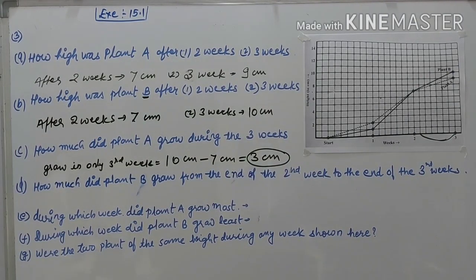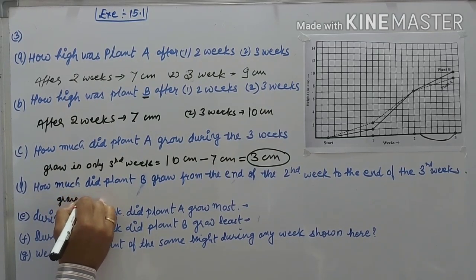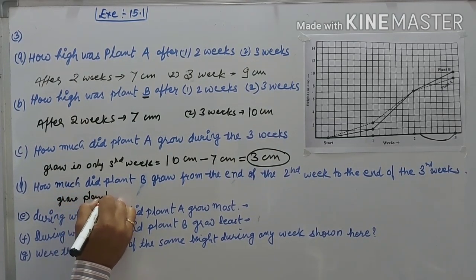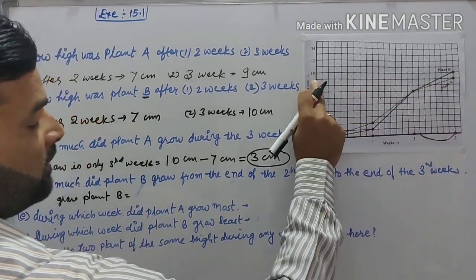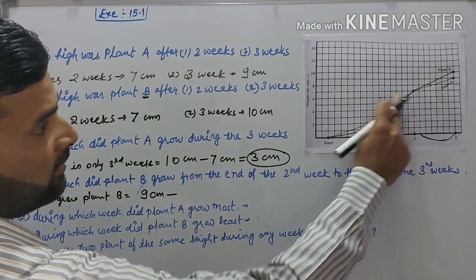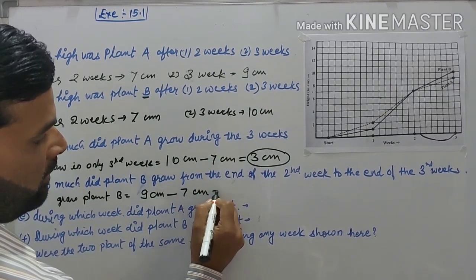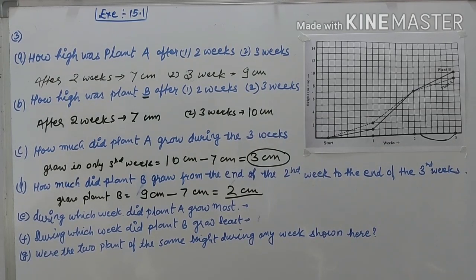So the answer is between the second week and the third week, the height growth of plant B. The third week is 9 centimeter and the second is 7 centimeter, so 2 centimeter is the growth.